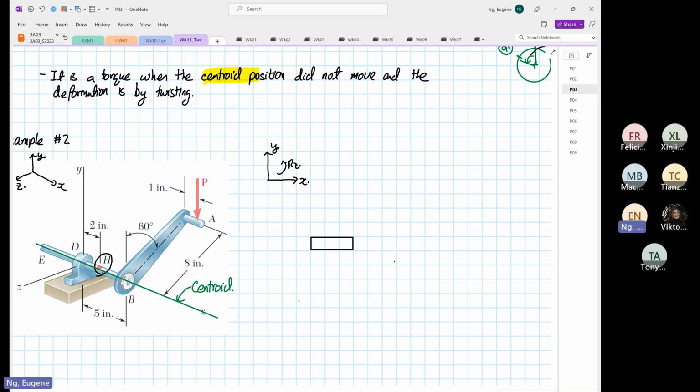If we were to calculate the distance, we have this distance over here and this distance over here, and this angle is 30 degrees, so sine 30.